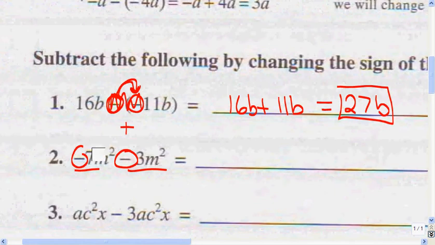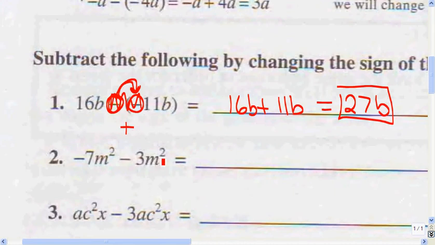They're giving you negative 7m squared and negative 3m squared, and they want you to subtract the two numbers. So really what we have is negative 7m squared minus a negative 3m squared, because the directions tell you to subtract.